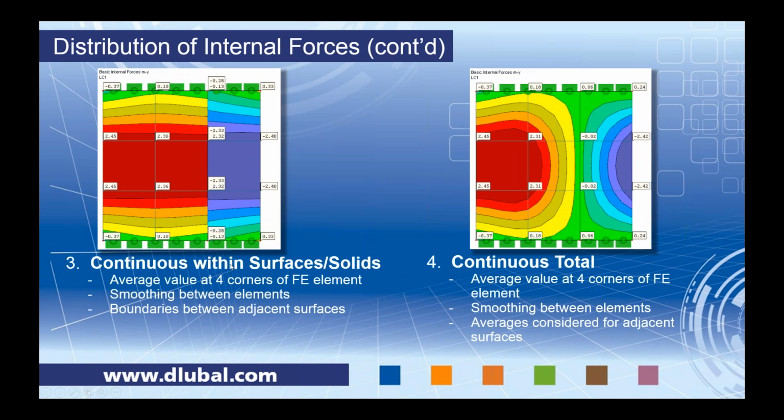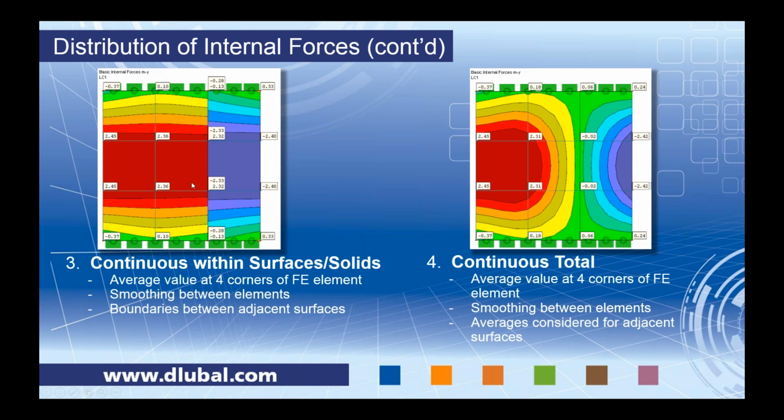Here is continuous within surfaces and solids, and this is what our program is set to right now. This will average the values at the four corners of every FEM element and place that at the actual FE element. There will be a smoothing algorithm used between each element. But one thing to notice is that I have one surface here on the left and one surface here on the right.